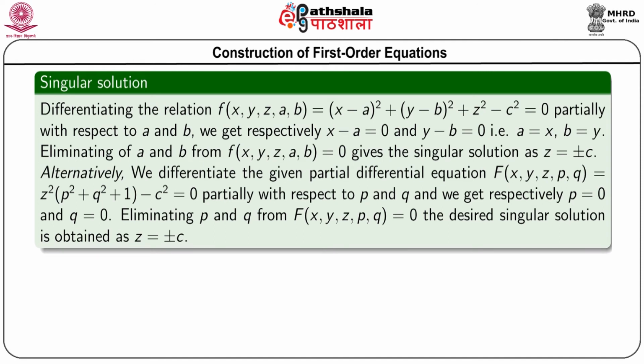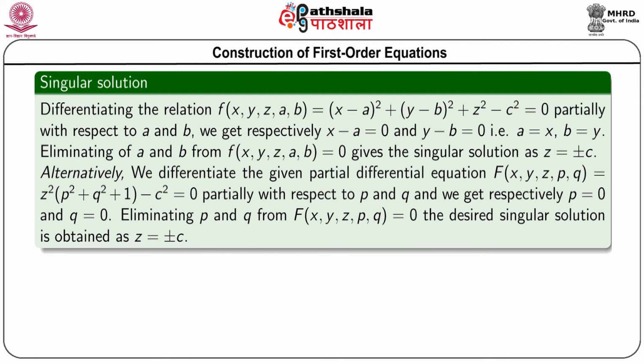From these two equations, if we eliminate a and b from the equation f(x, y, z, a, b) equals 0, we will get the solution z equals plus or minus c, and this equation is the singular solution of the given equation.